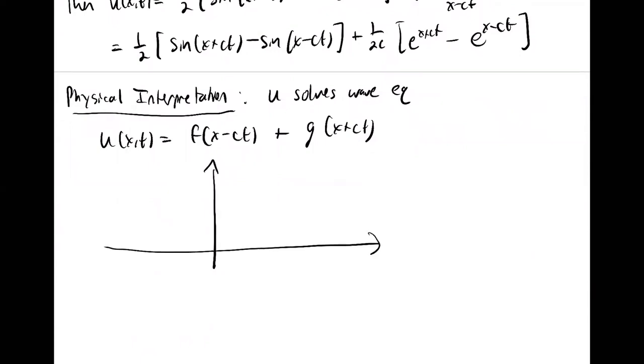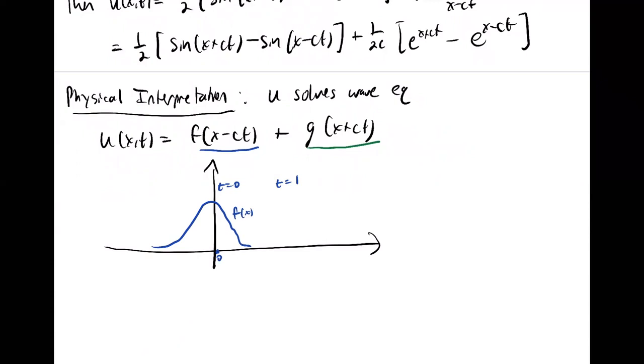What does this look like if we try to sketch it as a graph? Let's draw my function f in blue, and my function g in green. Say when t is equal to 0, my function f looks something like this, so this is just f of x. When t is equal to 1, I'm really just shifting the graph by some unit proportional to the change in time.